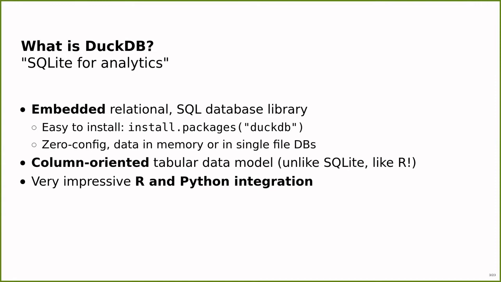One of the differences between SQLite and DuckDB is that SQLite stores data the old-fashioned transaction processing way, where all the data are stored row-wise in memory in the database. Unlike SQLite, DuckDB stores data in a columnar format. Its tables are stored column by column in memory, which is exactly how R stores data in memory for data frames.